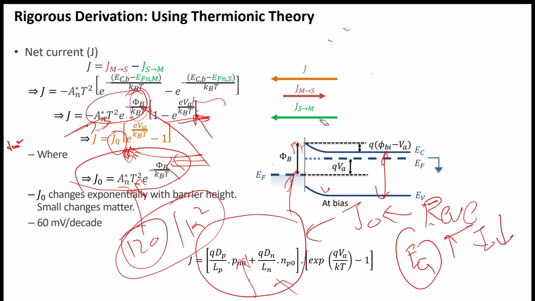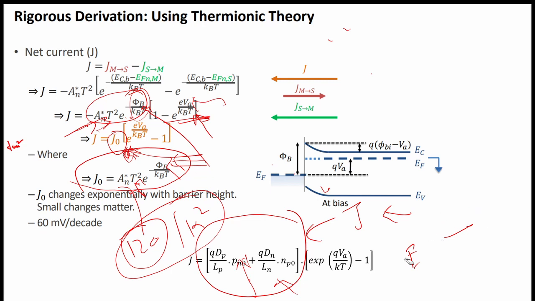Schottky barrier means there is a barrier, and current can flow in a single direction when we apply the potential, and it is blocked in the other direction.